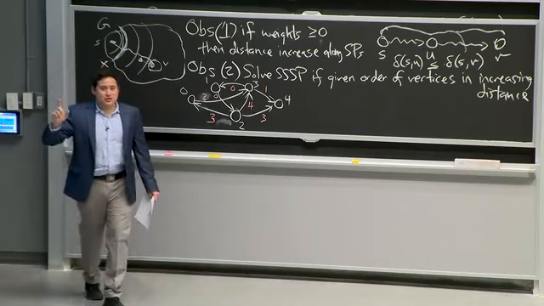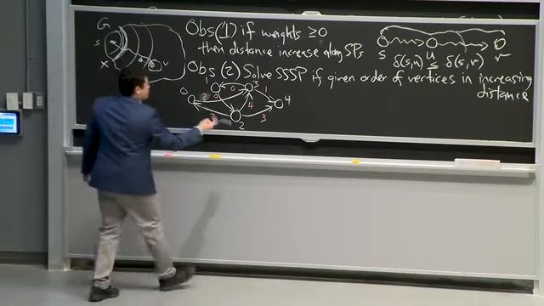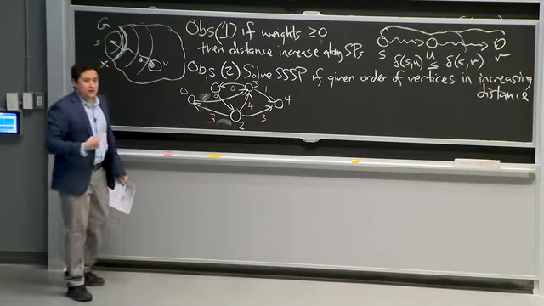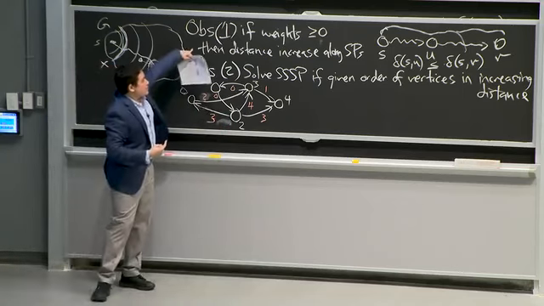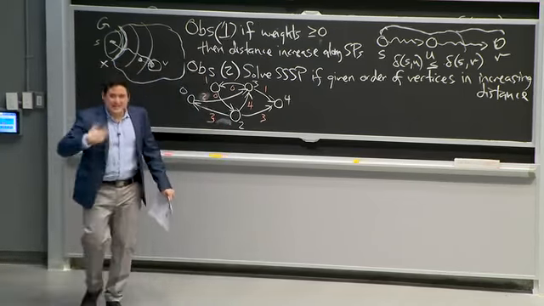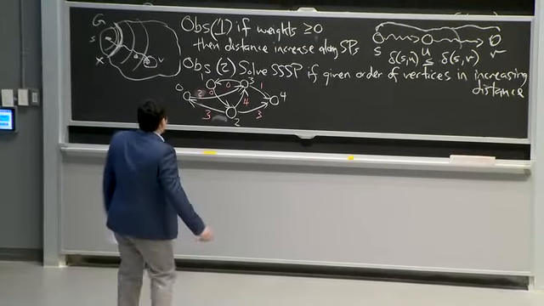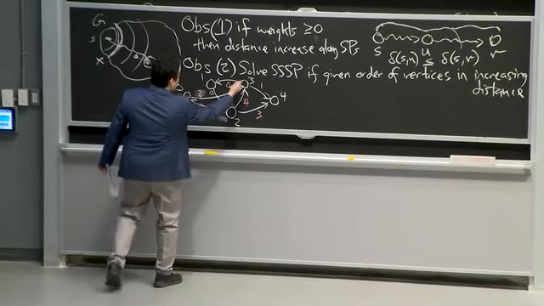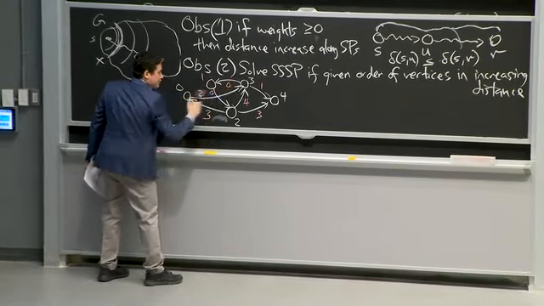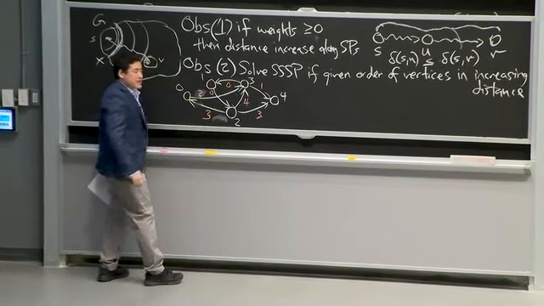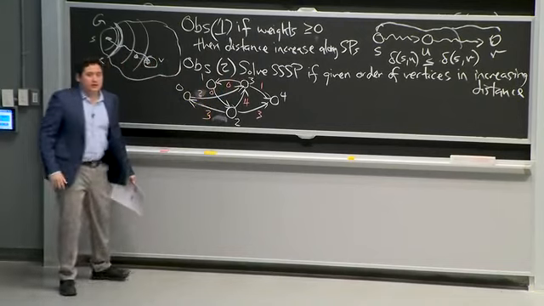Anyone know what that exception is? No edge can go backwards in this ordering based on this observation, except under what condition? Yeah. The weight is 0? If the weight is 0, yeah. So if the weight is 0, just like this situation here, then I could go backwards in the ordering.